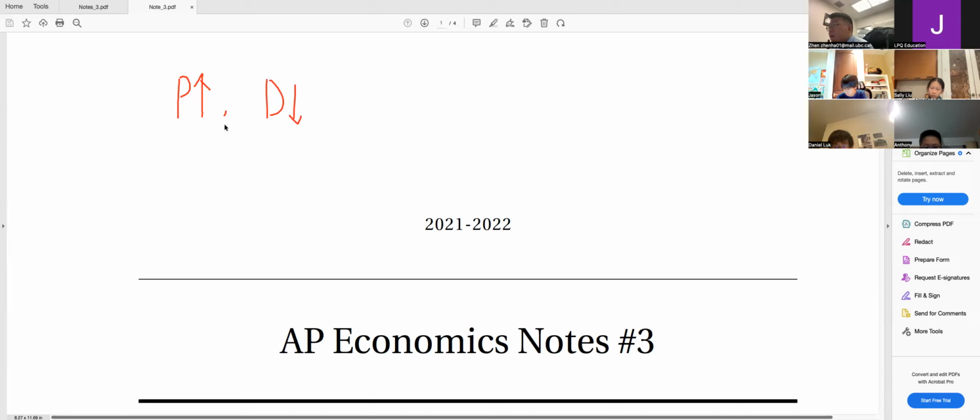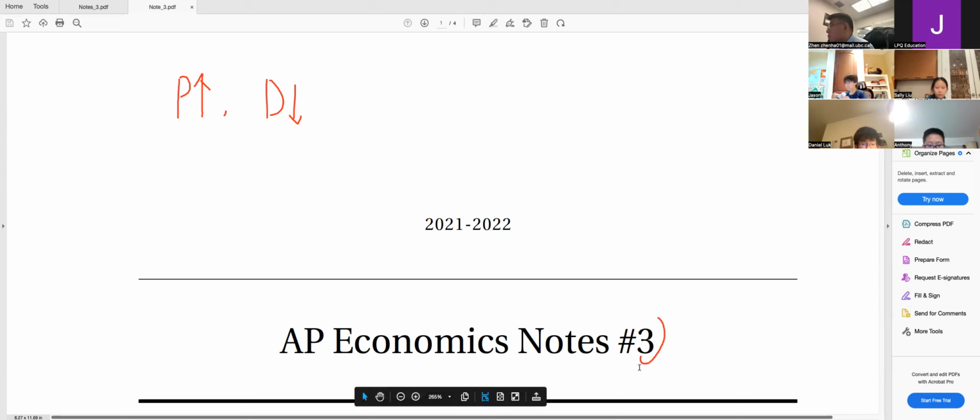We use the law of demand to describe how consumers respond to price change. Price increases, they buy less. This is notes number 2.